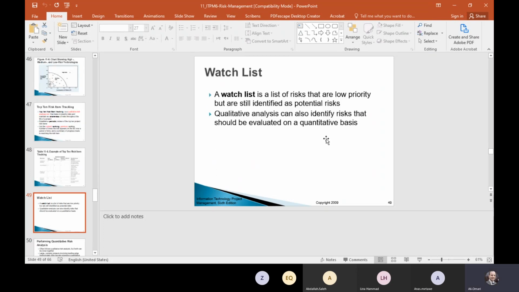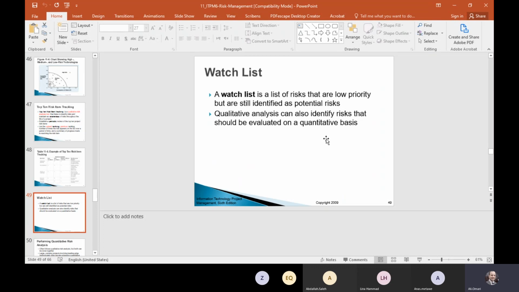A watch list is a list of risks that are low priority but are still identified as a potential risk. Not very high that we have to worry about it, but we have to keep in mind that particular risk could impact.